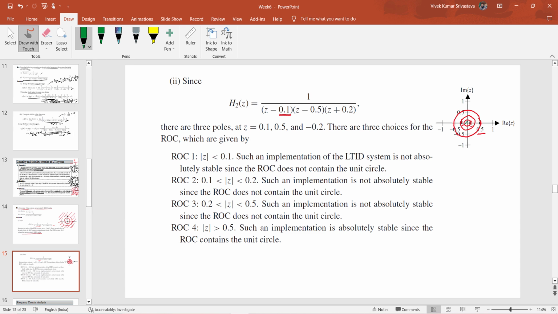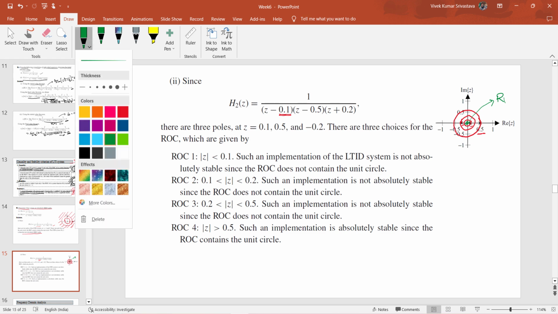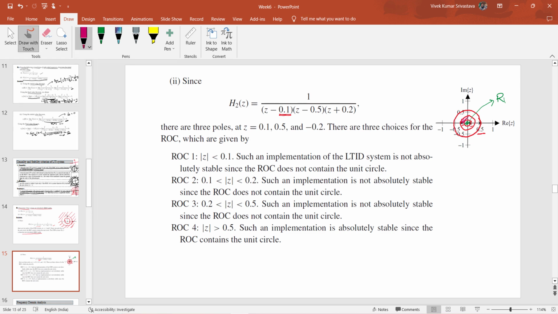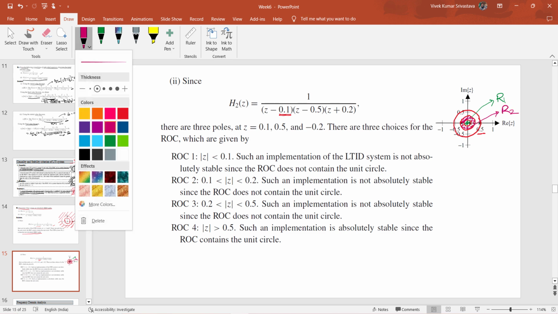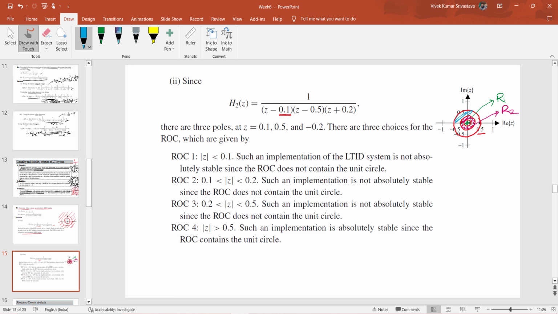Let me change the color. This inner circle is ROC1, this is ROC2, this is ROC3, and this is ROC4. We have to check for which ROC case this system will be stable. Let us take the first ROC.